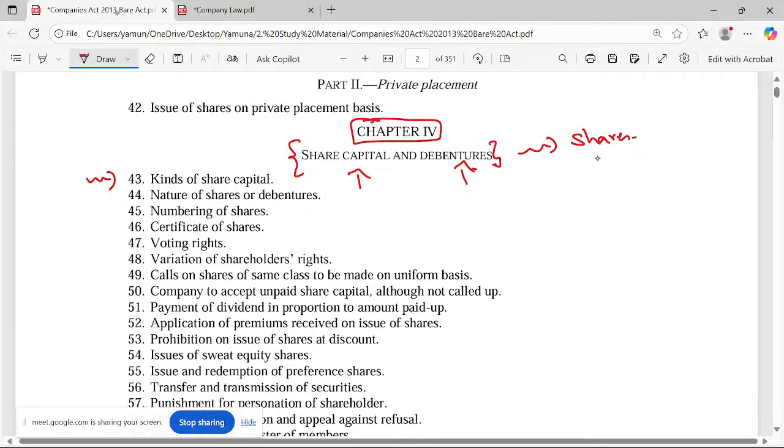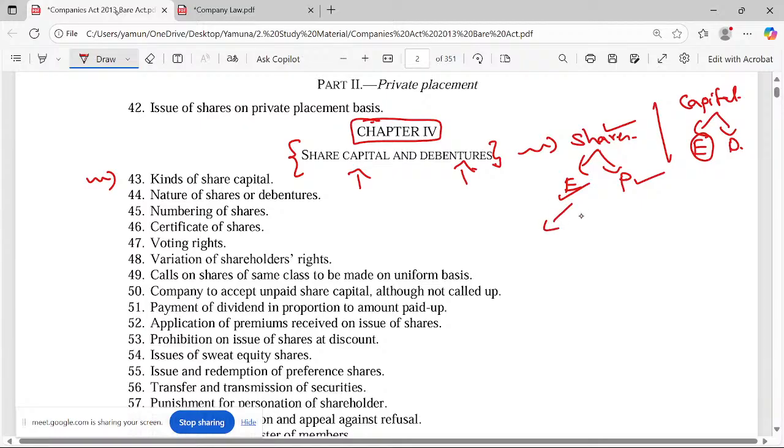What are the different types of shares we know? One is equity and one is preference. In fact, when we define the types of capital, one we can say equity capital and another debt capital. When we talk about equity capital, we are talking about the shares which can be equity shares or preference shares.